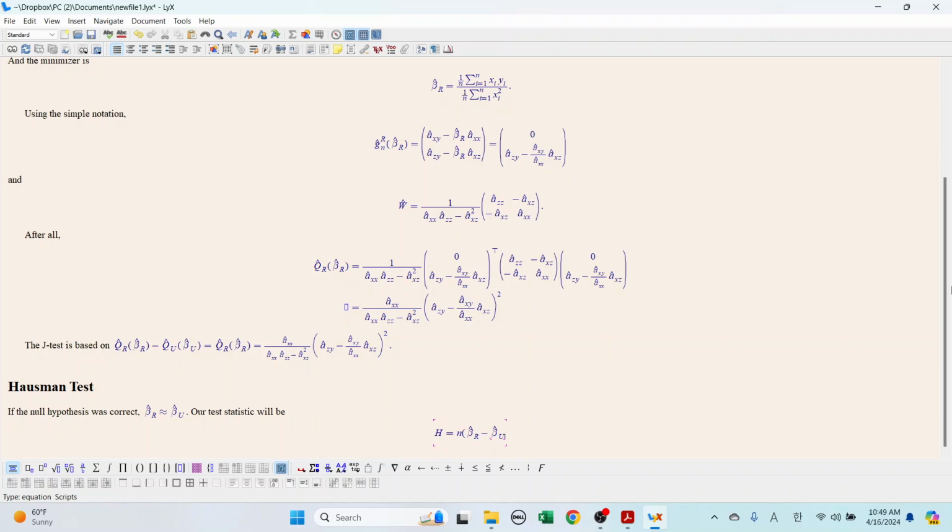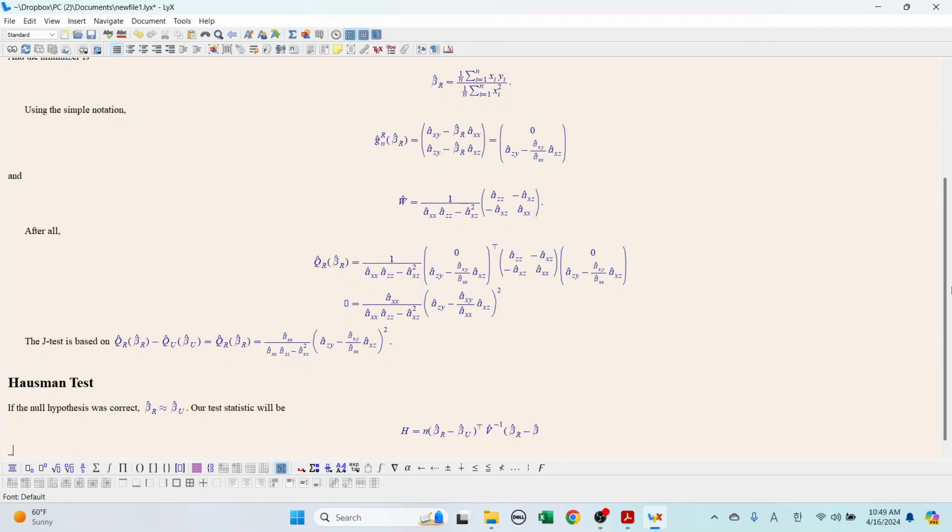minus... And under the null hypothesis, it converges in distribution to chi-square 1.